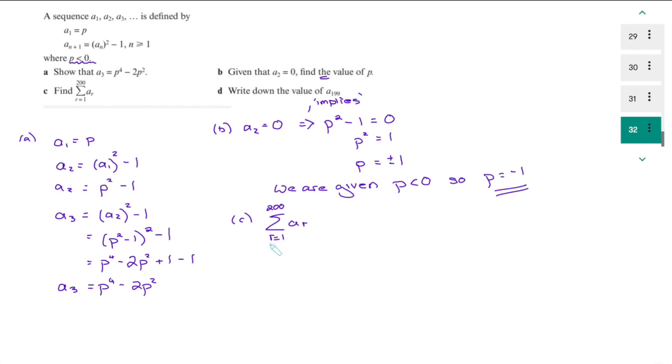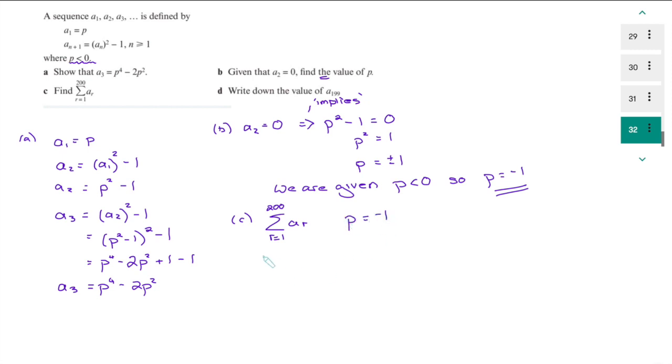So let's start writing them out and see what's going on. So we've got P equals -1. Do you know what? It's not that obvious that this follows on from here. You've got to assume here P equals -1.